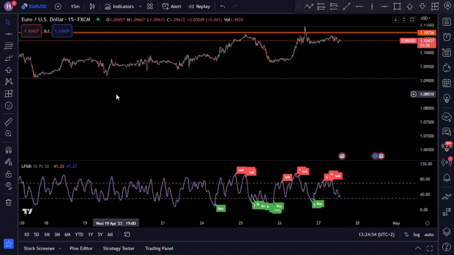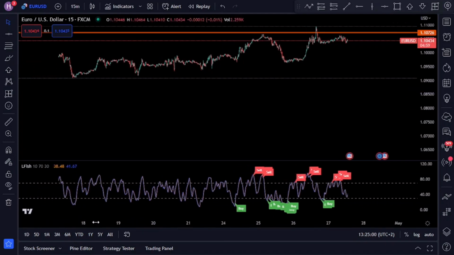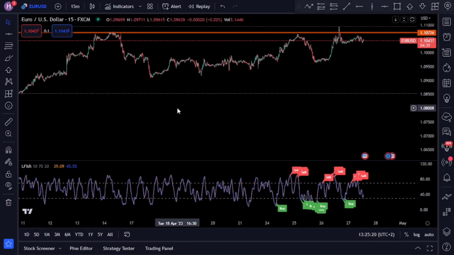That's why I'd like to introduce you to another indicator that can complement and enhance our trading strategy even further. By using multiple indicators and cross-checking their signals, we can improve our overall accuracy and minimize the risk of false or fake signals. So, while this indicator is definitely a valuable tool to have in your arsenal, don't forget to use it in conjunction with other indicators and your own analysis to make the most of your trades.